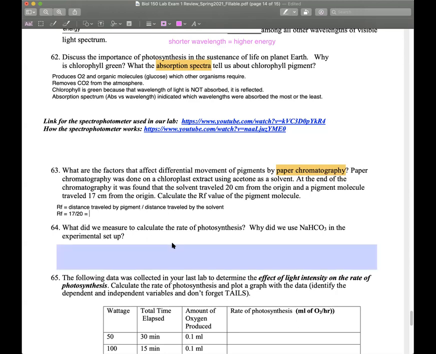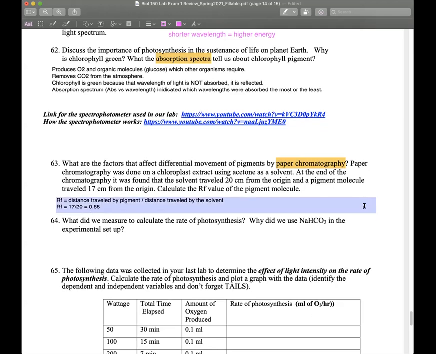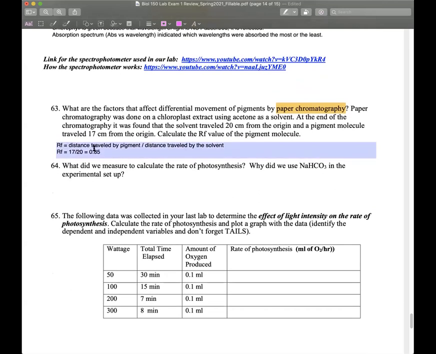Reem has already told me, and so has Kadiatu. Thank you. 0.85. That is our RF value. Very nice. This is again one of the equations you'll need to know for the lab exam, so make sure you have that memorized and you know how to use it. This one's pretty straightforward.